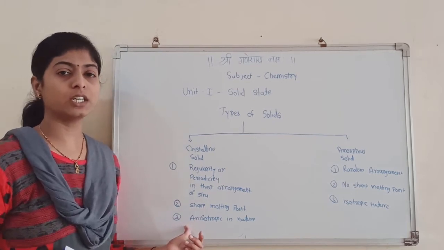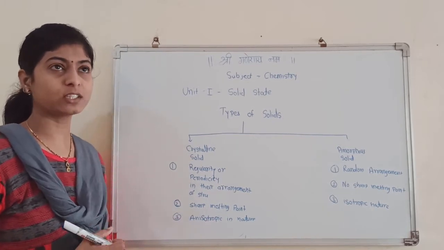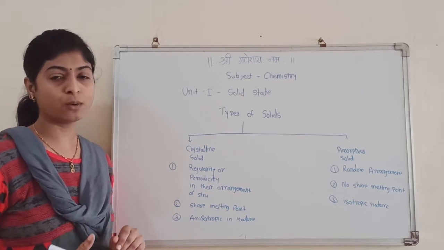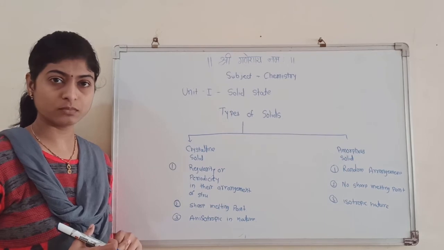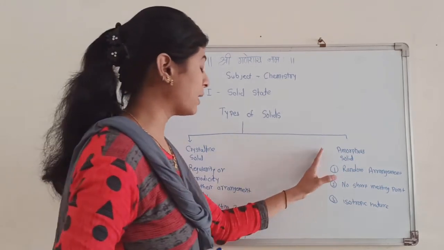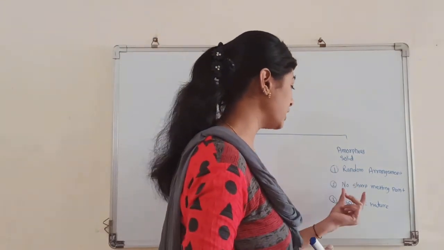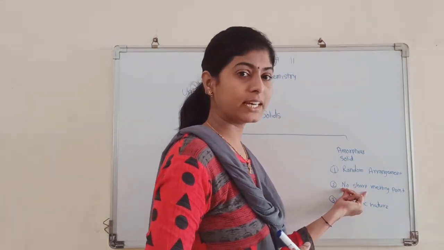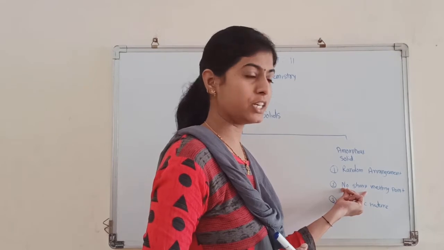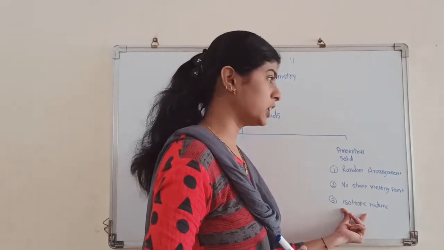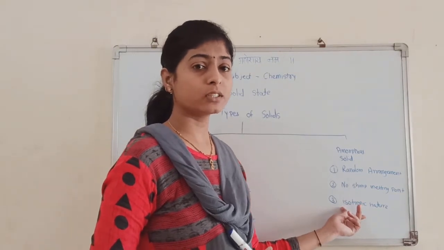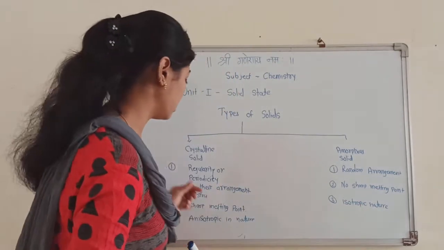Anisotropic in nature means their refractive index or electrical conductance varies in different directions. Now amorphous solids have a random arrangement, they have no sharp melting point, they gradually melt over a temperature interval, and show isotropic effect. They are all independent of direction.